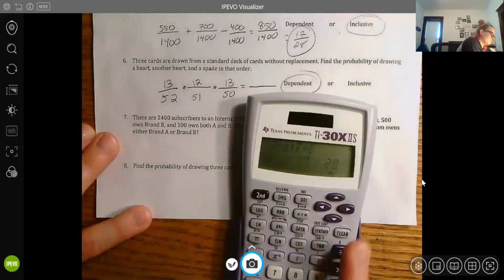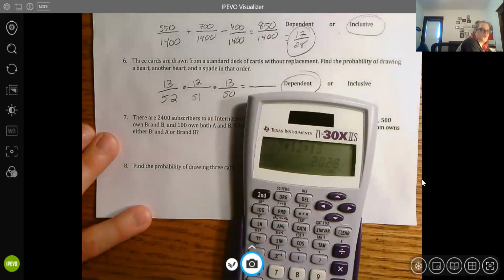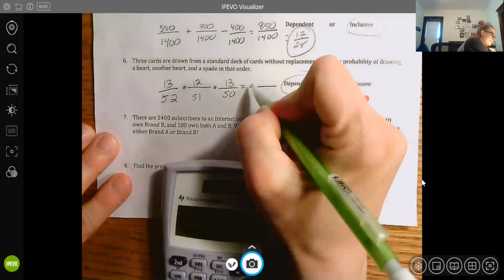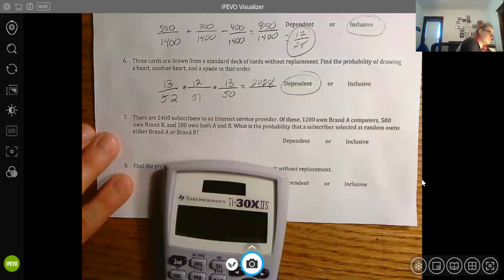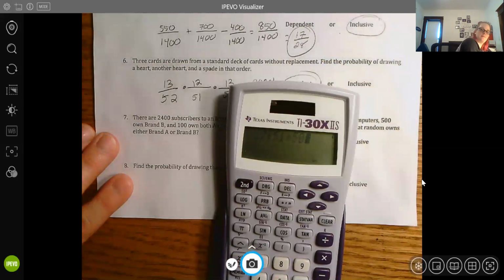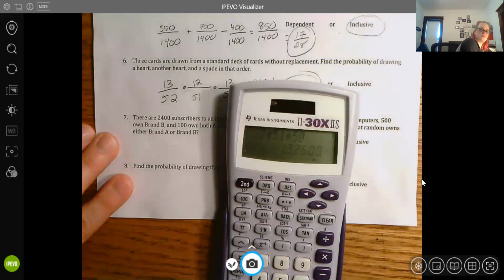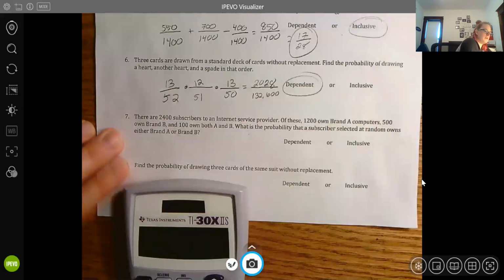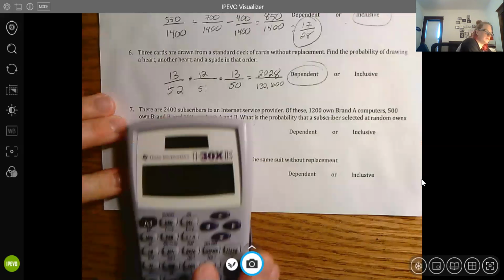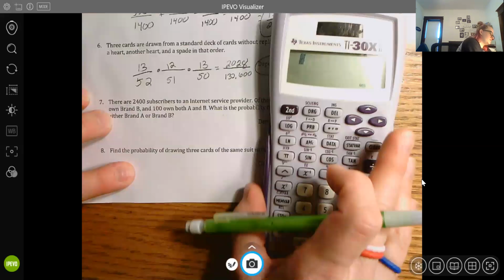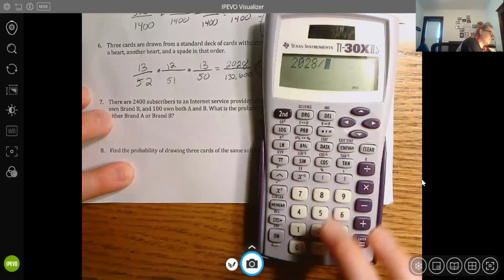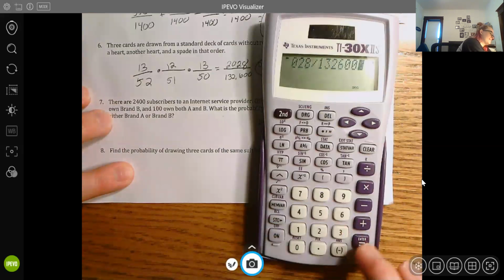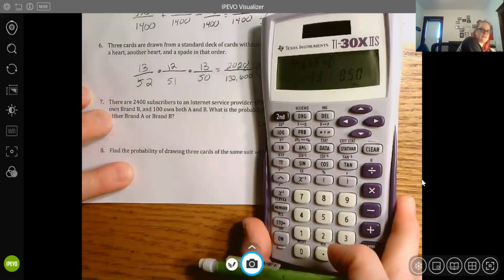So 13 times 12 times 13 is 2,028, and 52 times 51 times 50 is 132,600. Okay, I'm sure that's going to reduce. They're both even numbers. So 2028 divided by 132,600 is 13 over 850.